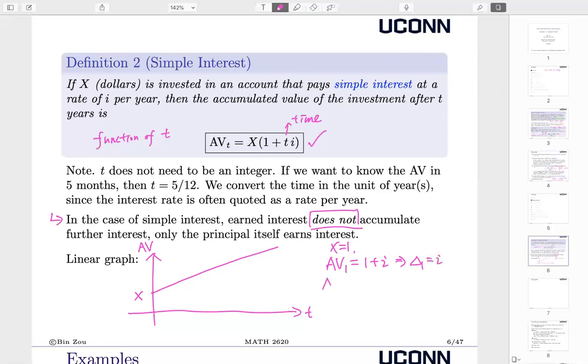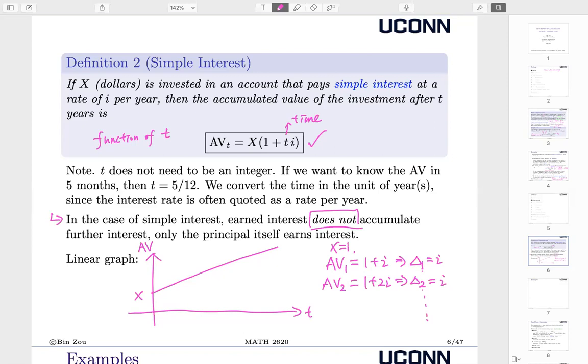Okay, now let's take a look at AV2. AV2 is 1 plus 2I. So if we subtract AV1 from AV2, then we see the interest earned in the second year. Okay, so here 1 denotes the first year, here 2 denotes the second year. It is also I, and so on.